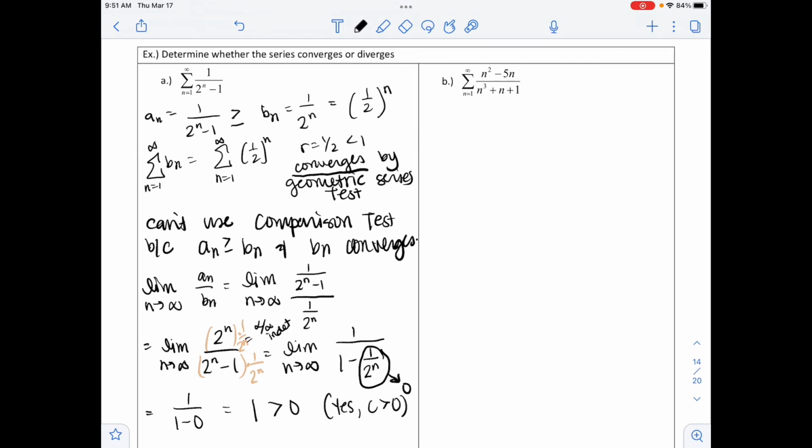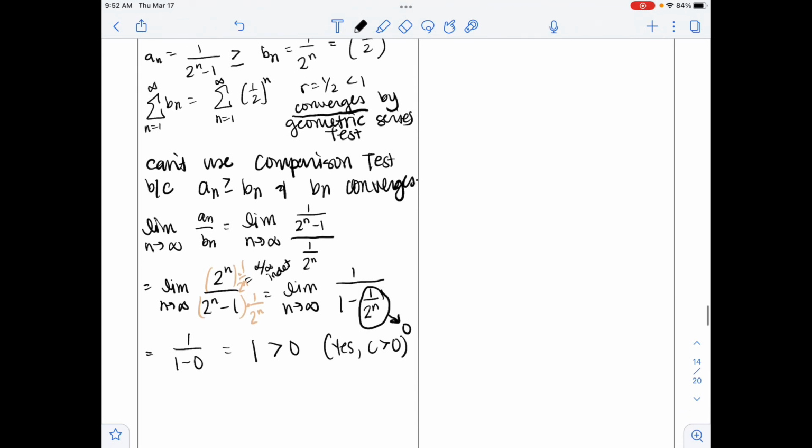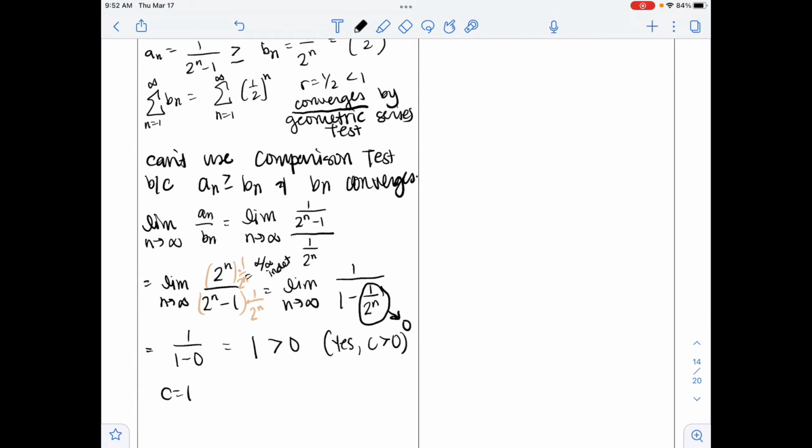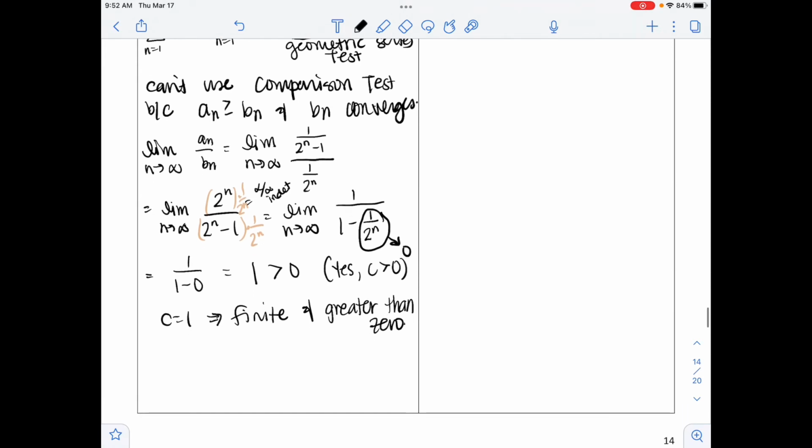And so again, the limit comparison test says that if c is finite, and since c is equal to 1, and this is finite and greater than 0, then we can also say that our original series would be convergent because of the limit comparison test.